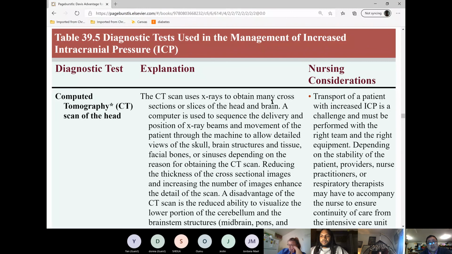You have to take note, though, that when these traumatic events occur, there will be other injuries on top of the head injury, which will complicate the condition. If this patient, let's say, loses a lot of blood, what happens to the patient's blood pressure? It'll drop.